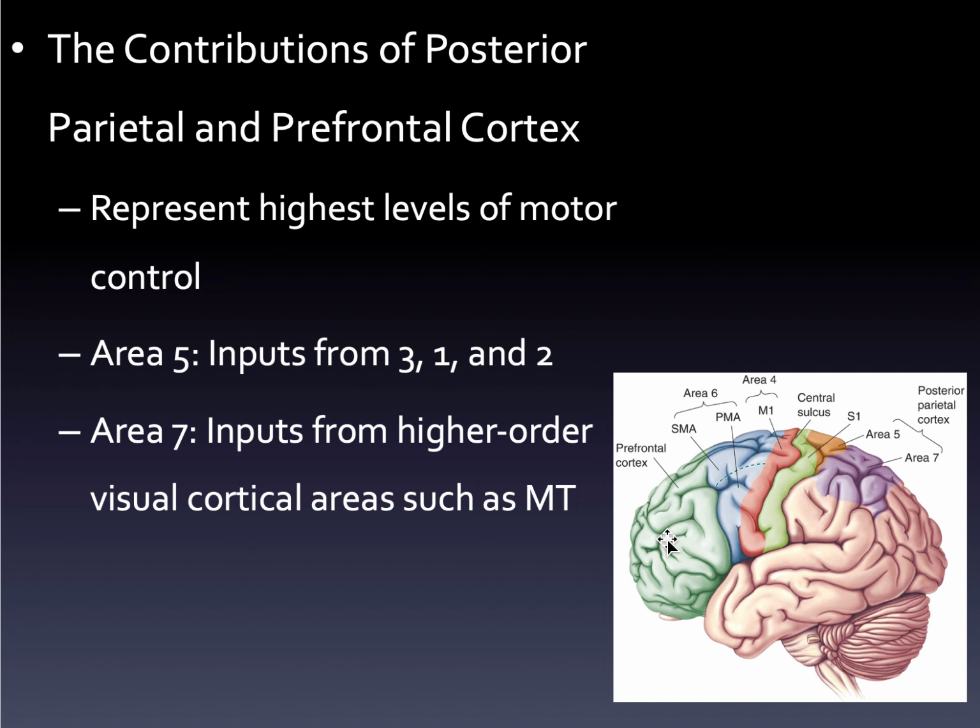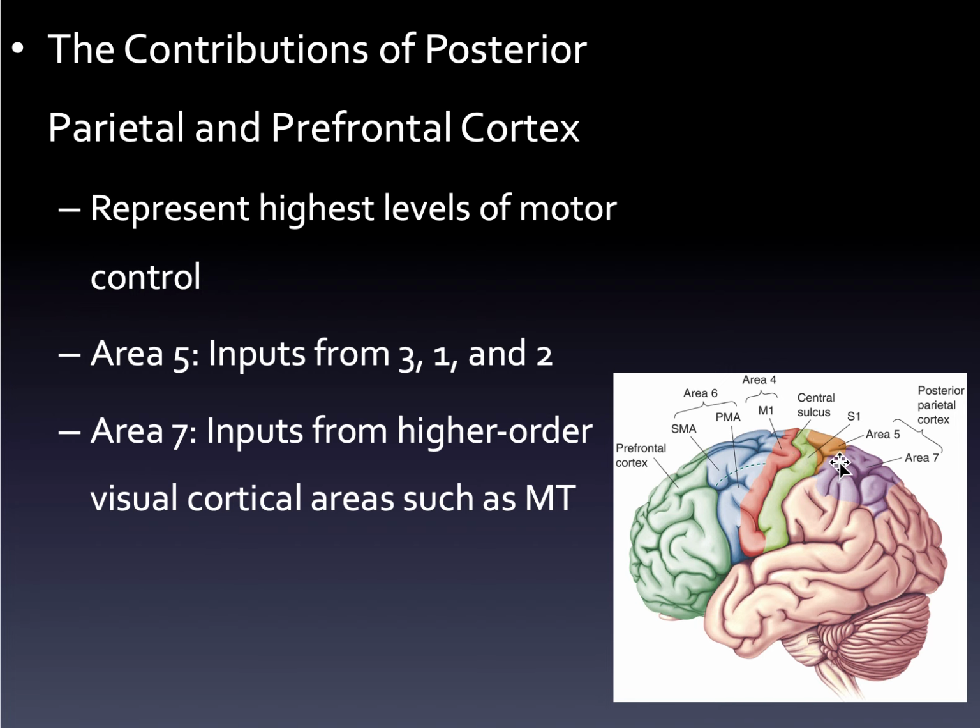relevant control areas there. Okay, the parietal cortex we've already talked about, that it's synthesizing the sensory world, right? For example, area 5, or the posterior parietal cortex, area 5 has inputs from 3, 2, and 1, which are your somatosensory areas.